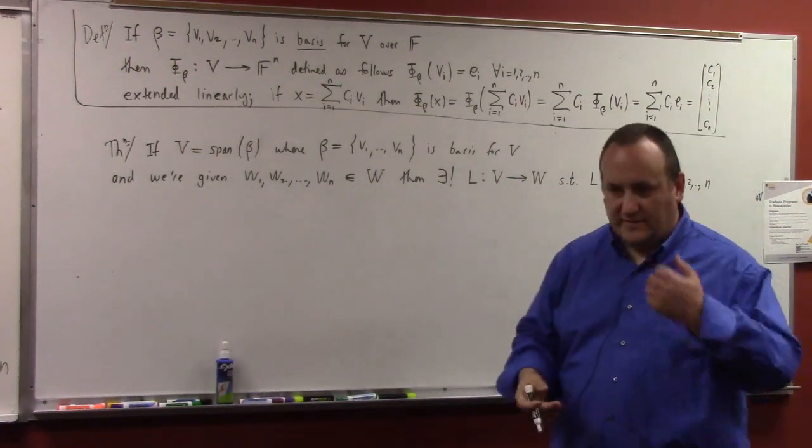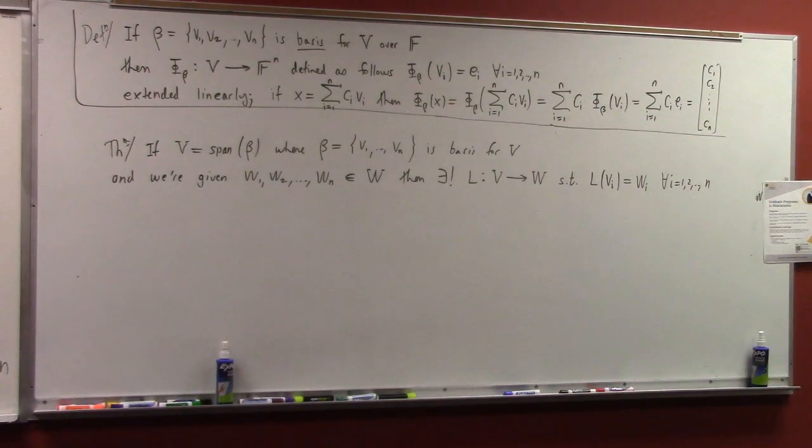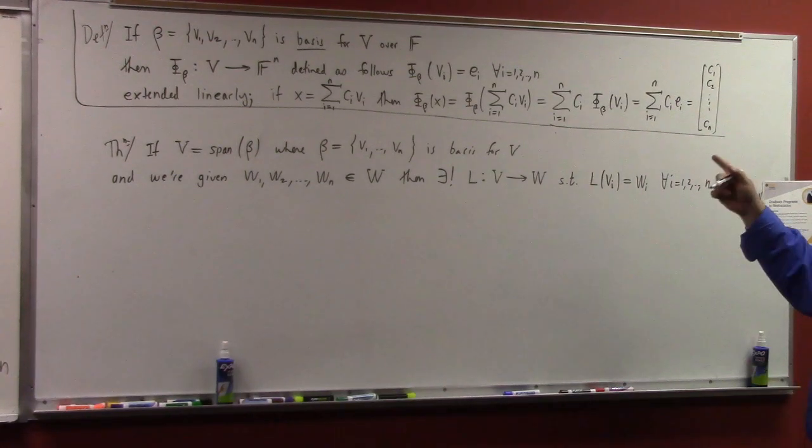This is the linear extension theorem, and it's super useful because it means you don't have to give a formula for the arbitrary vector. If you give a formula for an arbitrary basis element, that suffices to define the linear transformation altogether. And the proof of this theorem is essentially what I have in the definition right there.